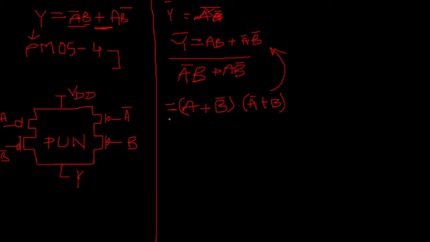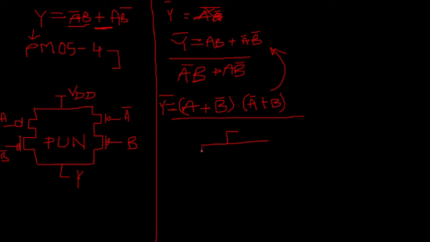So now let us implement this only. What does it mean? It means the output for the pull down network. Pull down network means you will be using NMOS. How many NMOS? 4 NMOS, because 4 inputs are there. So the first set of input is A plus B bar, that means 2 NMOS connected in parallel, A and B bar.